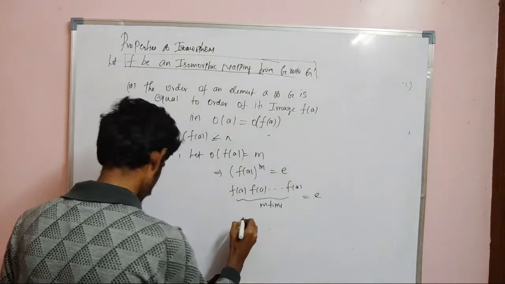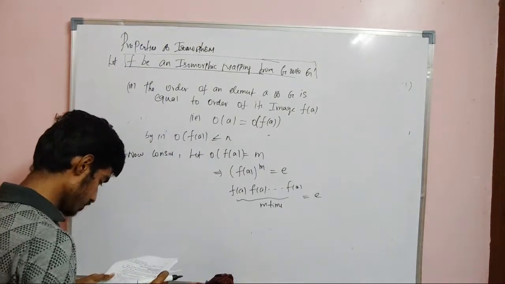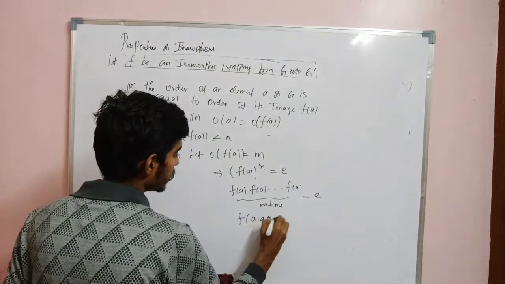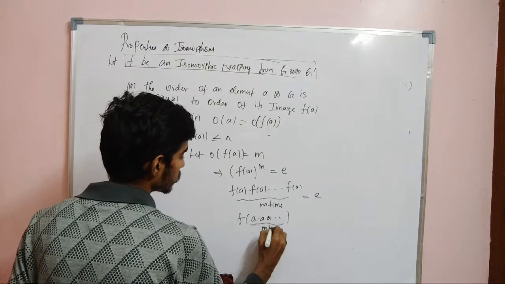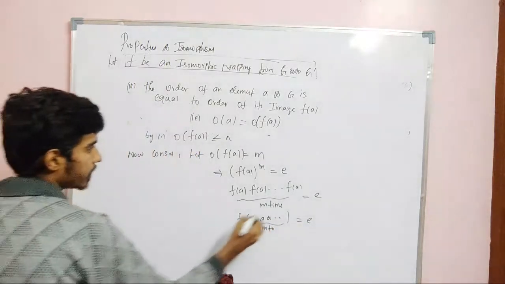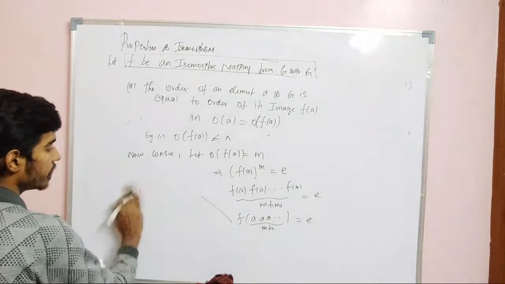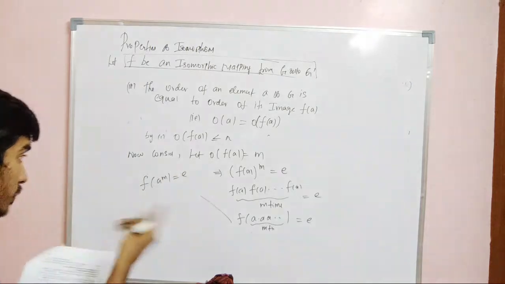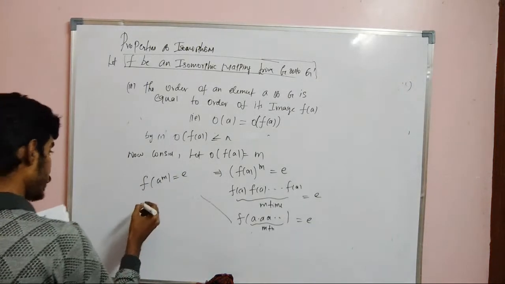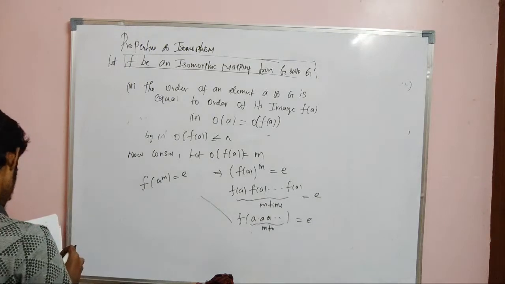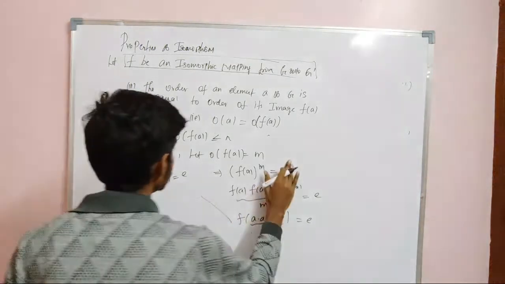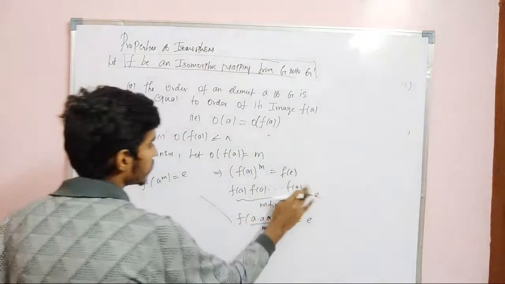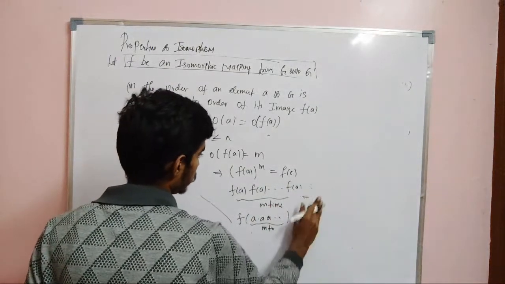I am just making the reverse process. So I can write this as f of a power m is equal to f of e, because the order of this is m, so f of e is the identity element.